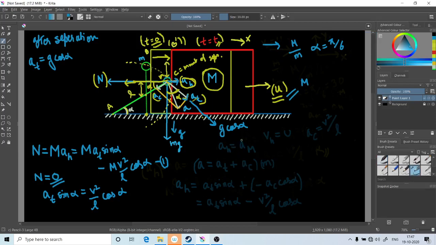And the velocity of the load at the moment of separation, that is the terminal velocity, is root over 2gh, as we know, h being this distance h, which is equal to this distance also.